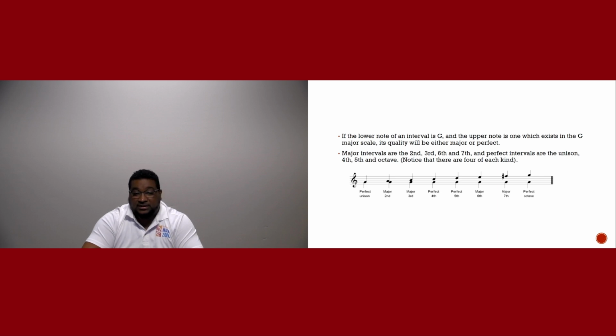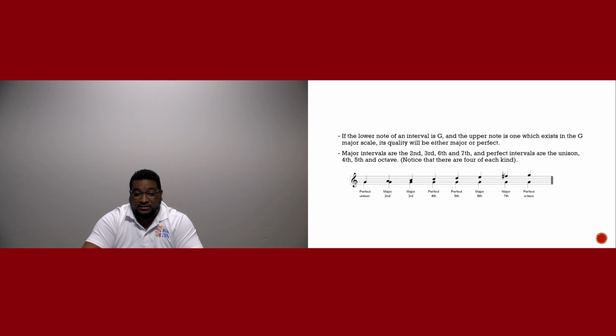So major intervals are seconds, thirds, sixths, and sevenths. And perfect intervals are the unison, the fourth, the fifth, and the octave. So notice four of each kind.